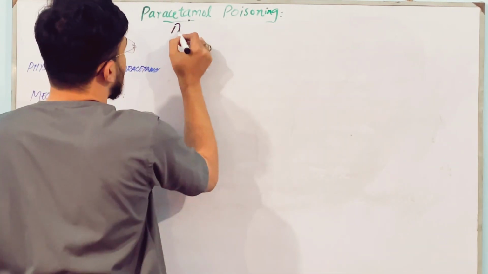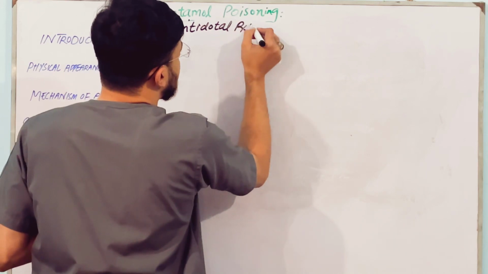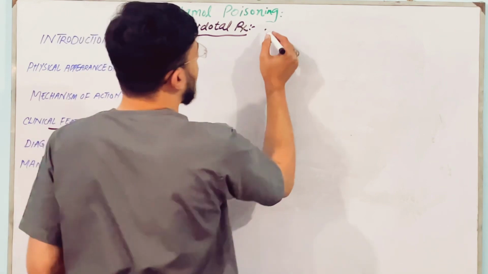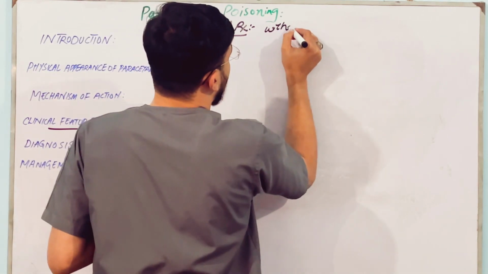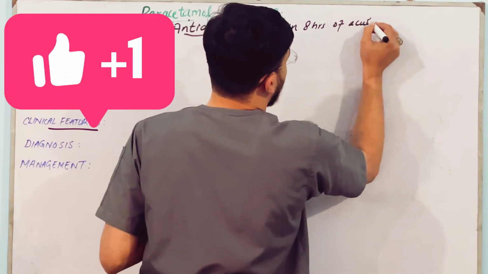Antidotal treatment is so important, and it should be given within 8 hours of acute poisoning.